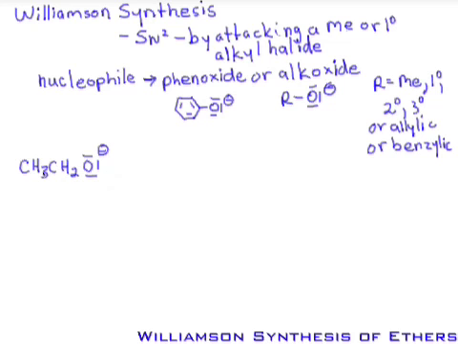So don't be scared if I write it this way or I write it another way, or I might not show the lone pairs. I might just put the K right beside it. If I write that, that's just potassium ethoxide, the same thing. K plus, O minus. So don't be surprised if you see a counterion. Now I could react this, for example, with ethyl bromide.